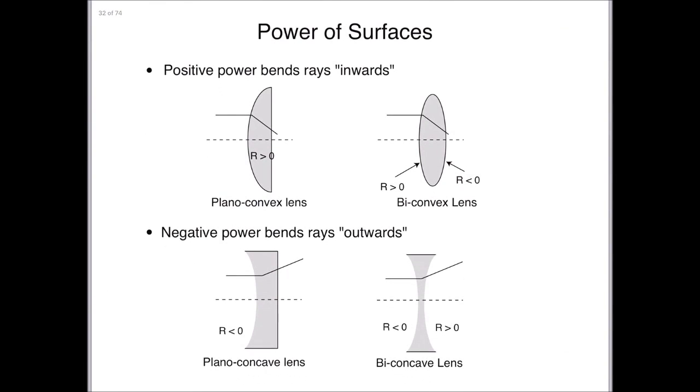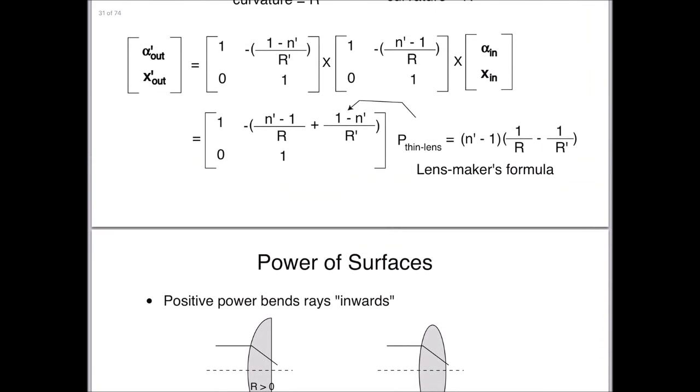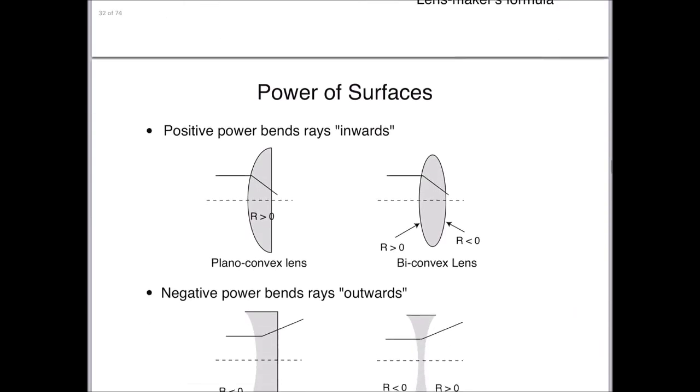Okay, power of surfaces. So these are some general definitions of what powers of surfaces are. And from the previous case we had already defined the second term on the first row of the matrix as the power of a thin lens.